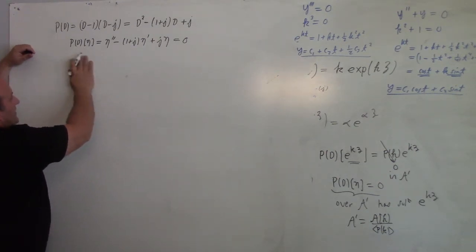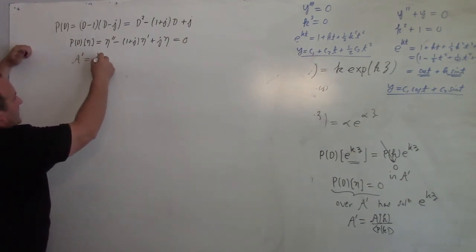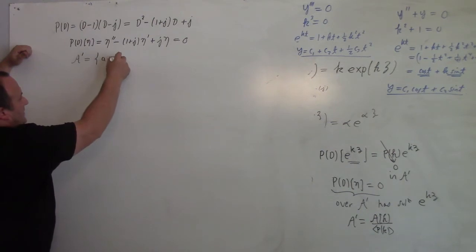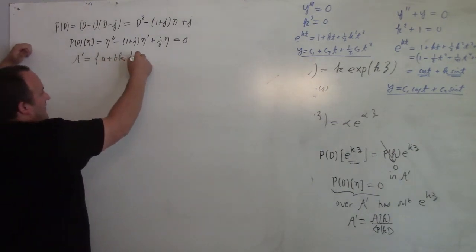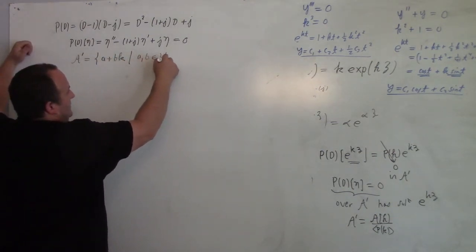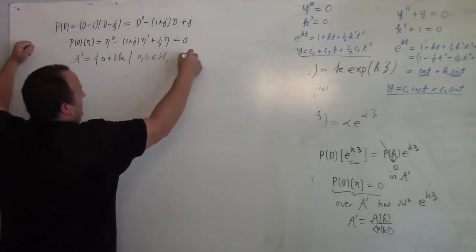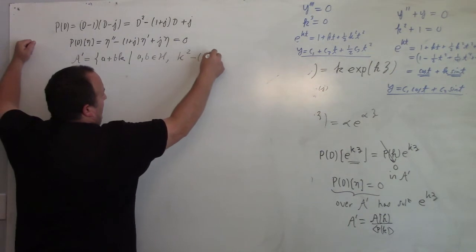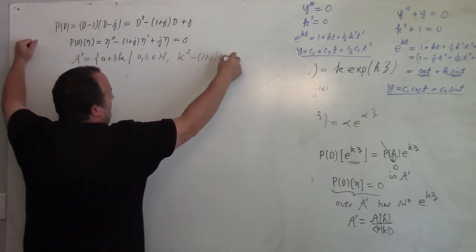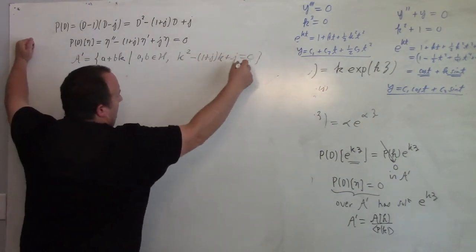Well, it says you look at a prime, let's say, which has the form a plus bk, such that a and b are in the hyperbolics, and k squared minus 1 plus jk plus j equals 0.